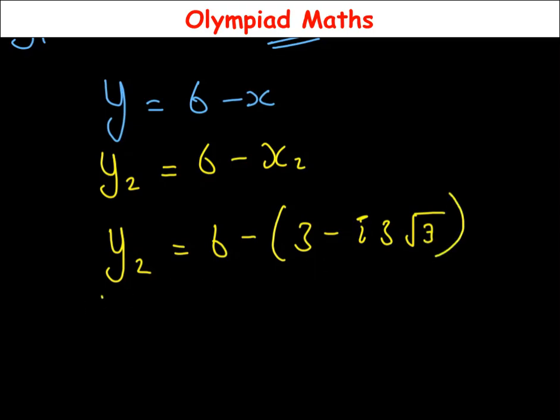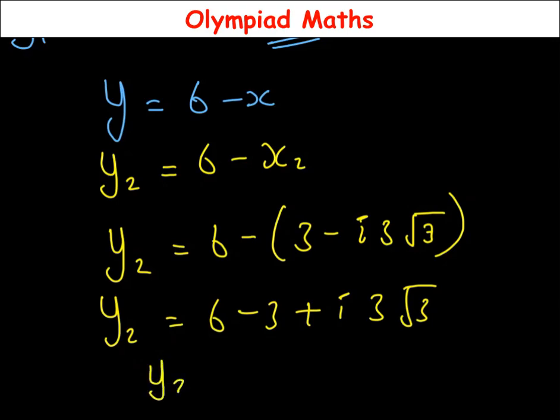So y2 is equal to 6 minus times 3 is minus 3, minus times minus i times 3 root 3 is plus i times 3 root 3. So y2 is equal to 6 minus 3 is 3, then plus i times 3 root 3. And with this, we've gotten the value of y2.